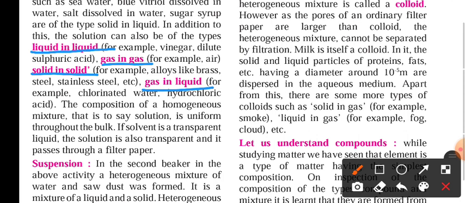Anything is possible. For gas and liquid, we can talk about cold drinks. Cold drinks are nothing but a mixture of carbon dioxide gas in water. So like that, different types of mixtures are possible.